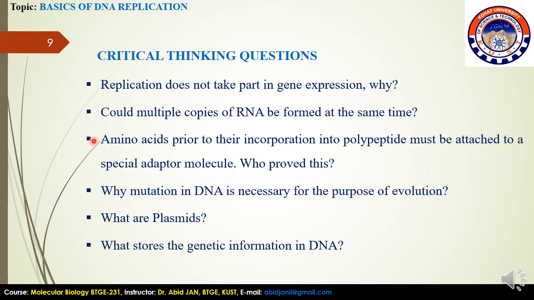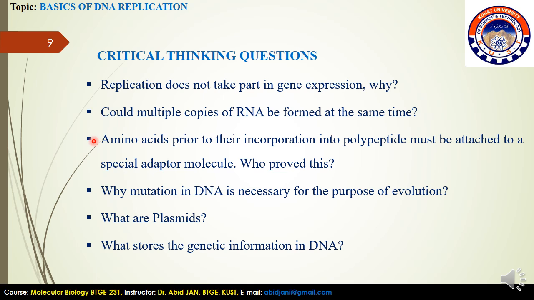Amino acids, prior to their incorporation into polypeptide, must be attached to a special adapter molecule. Who proved this? In 1955, Francis H. Crick proposed that prior to the incorporation of amino acids in polypeptide chain, they must be attached to an adapter molecule that can interact with the 3 nucleotide long coding units of mRNA.